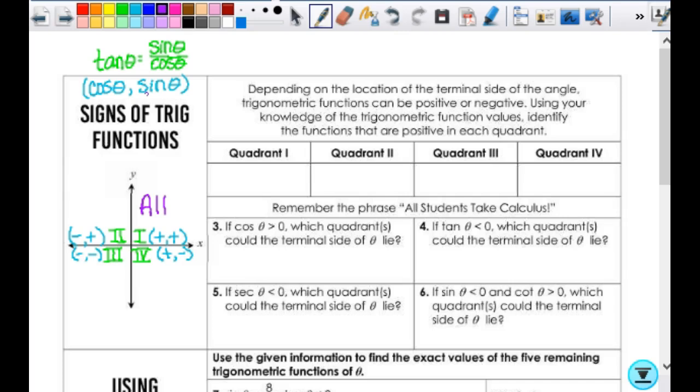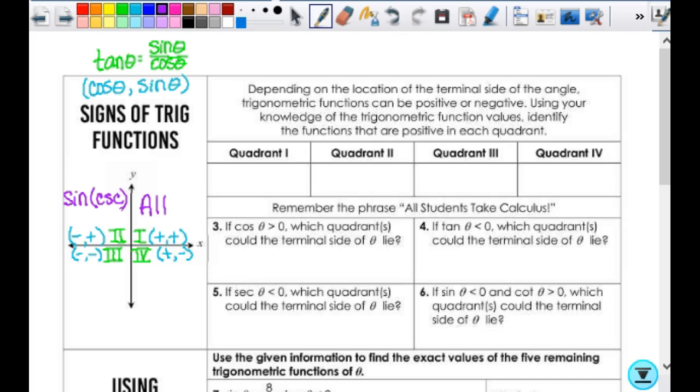And then when you go to find tangent, you'd have positive over negative, which would make tangent negative. So cosine and tangent are both negative. Your y value is sine, so the sine values and the reciprocal of sine, which is cosecant, are positive in quadrant 2.